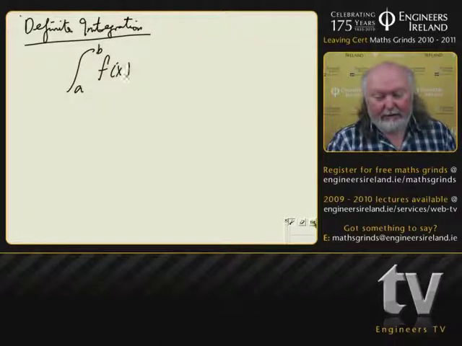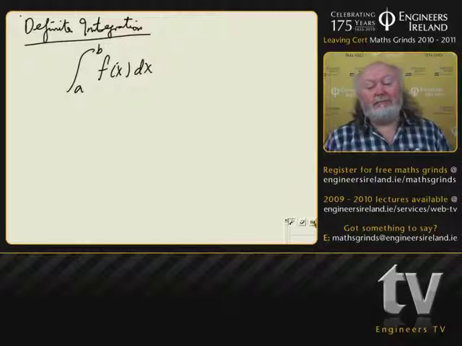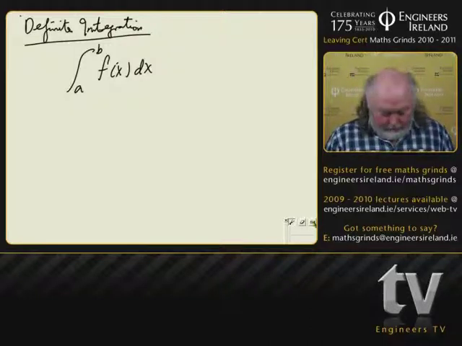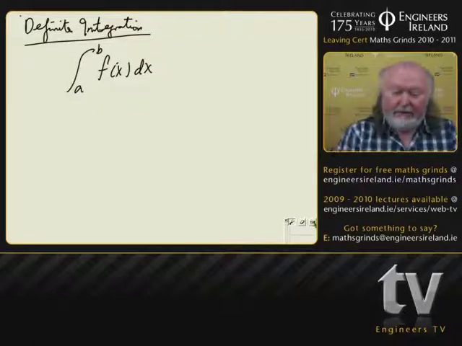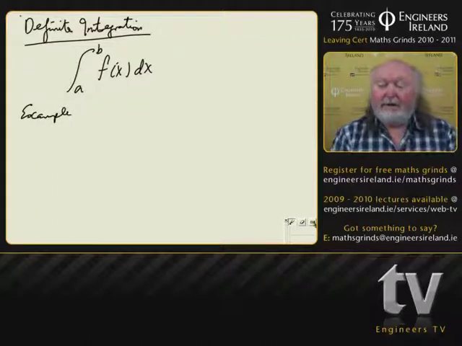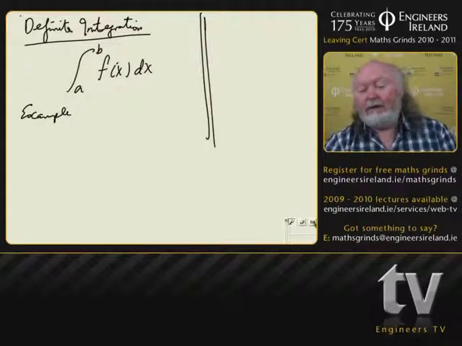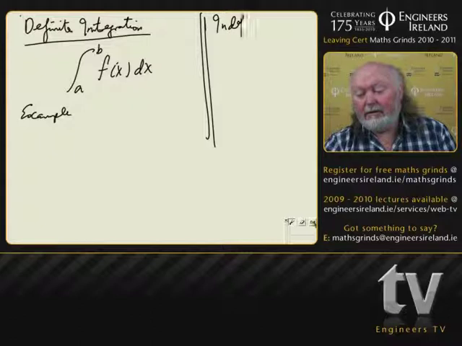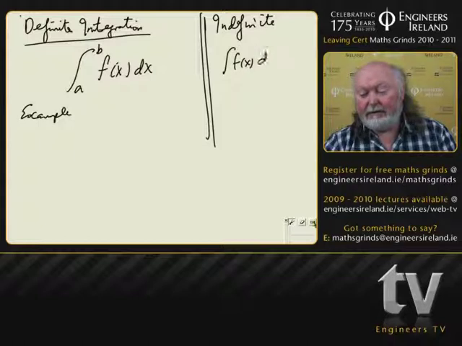And we'll explain later on what these things mean. If we get the answer to this, whatever it may be, let's say, for example, we'll pick a very easy one, and we'll parallel it over here with the indefinite, where we had the integral of f of x dx.